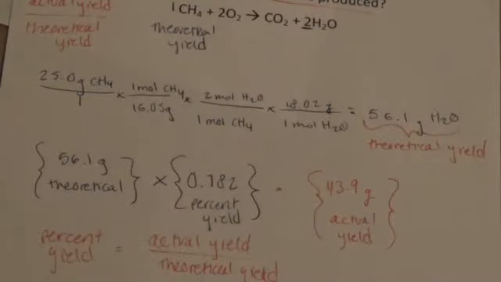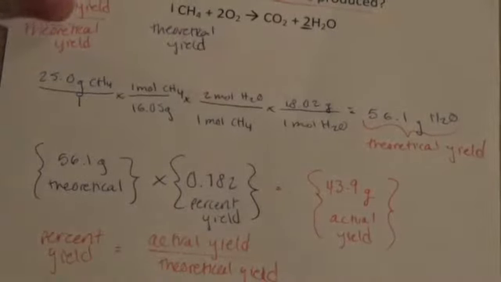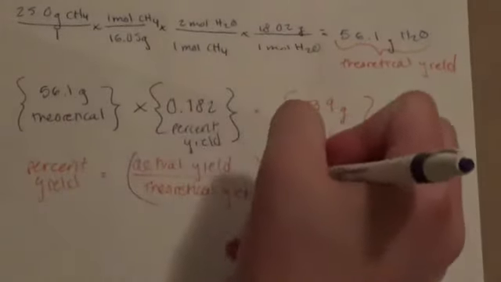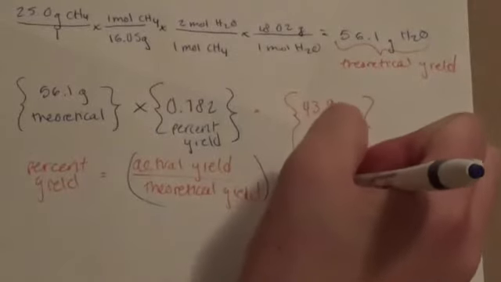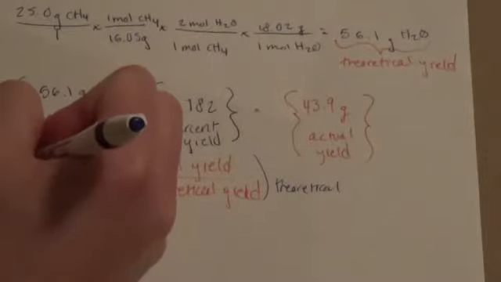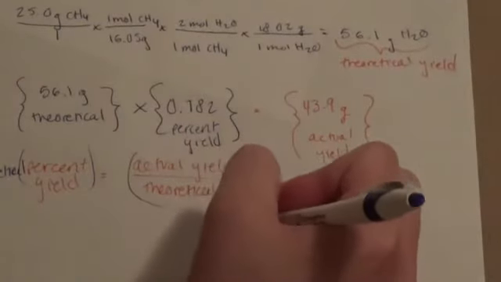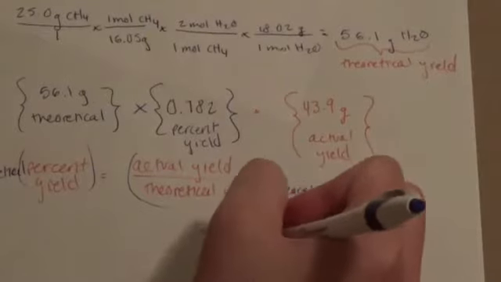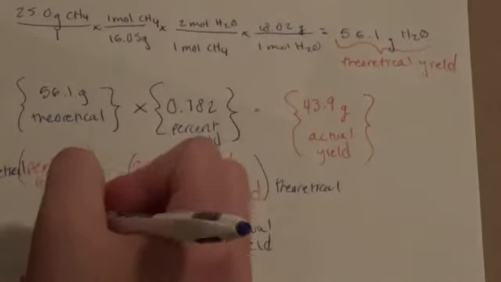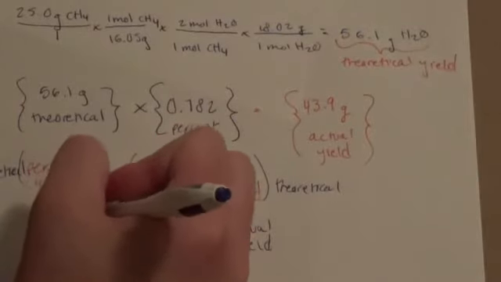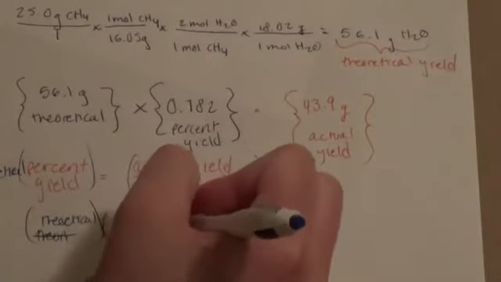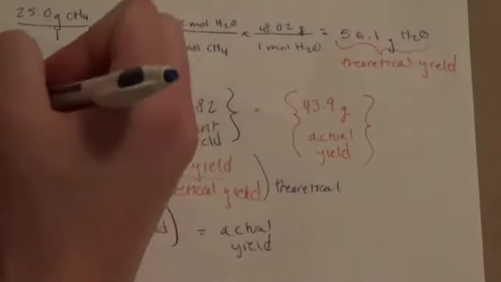So if you just rearrange that, coming down here, say multiply both sides by theoretical, you get the same thing as above. You get actual yield equals theoretical yield times percent yield, which is what you have up here.